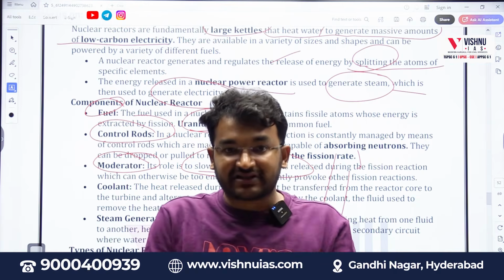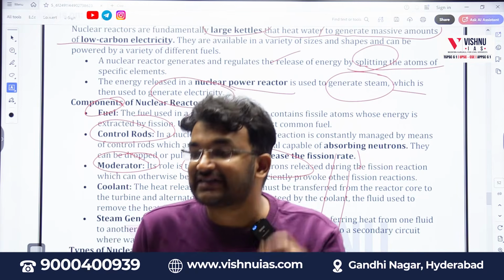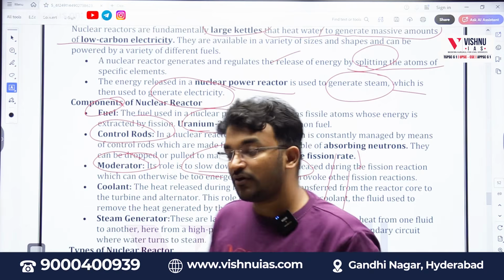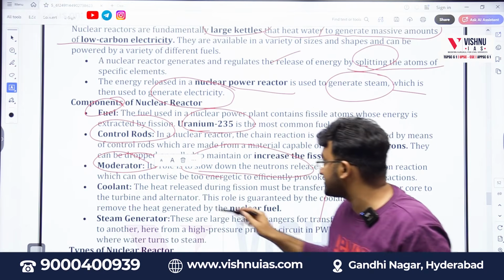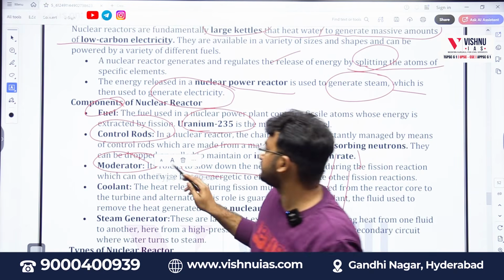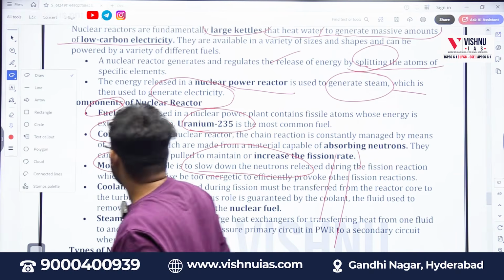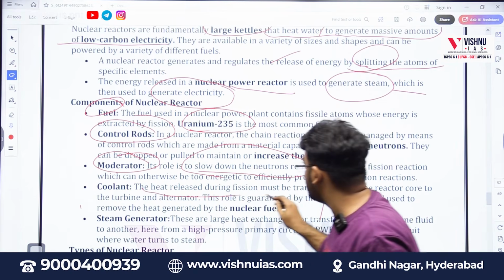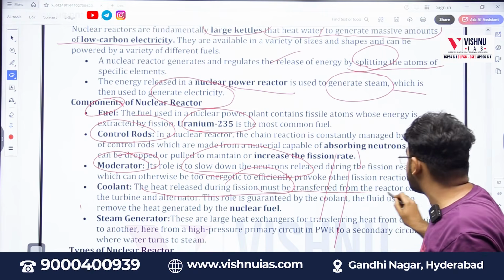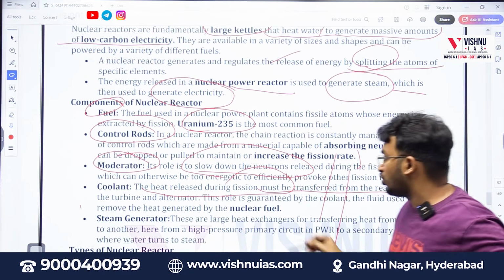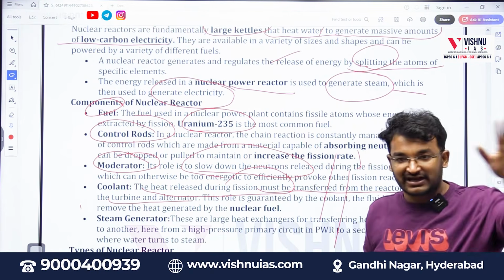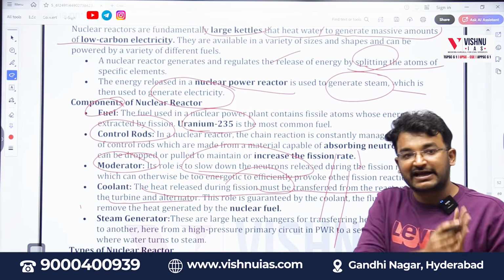Now for that at least we require some material, right? That material here is coolant. What is this coolant? The heat released during the fission must be transferred from the reactor core to the turbine and alternator. అవునా కదా, హీట్ ఎక్కడి నుండి బయటికి వెళ్ళాలి.